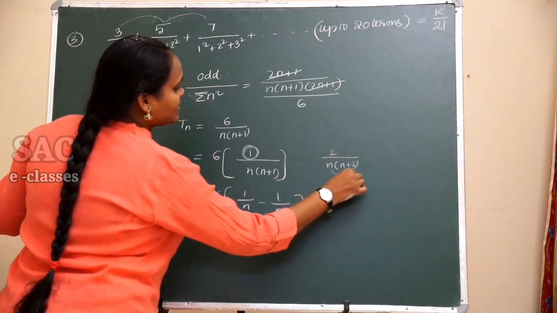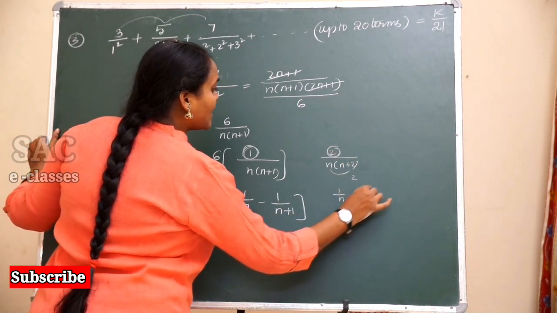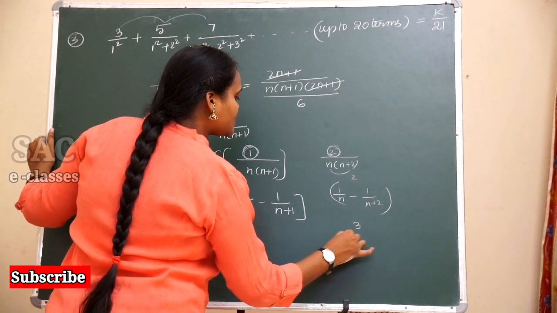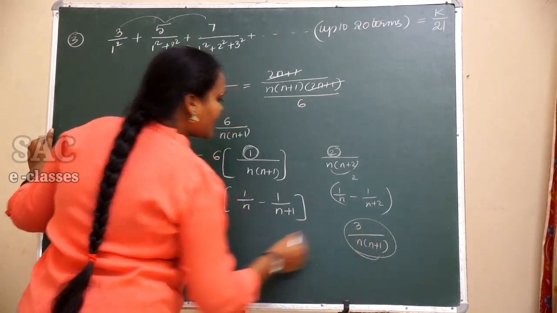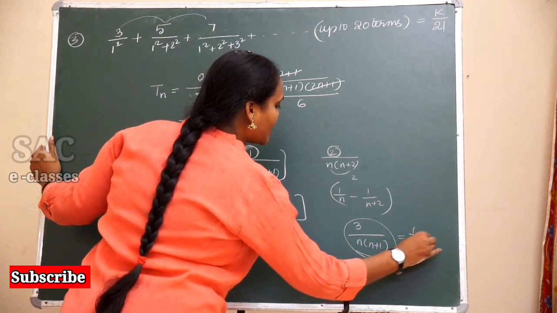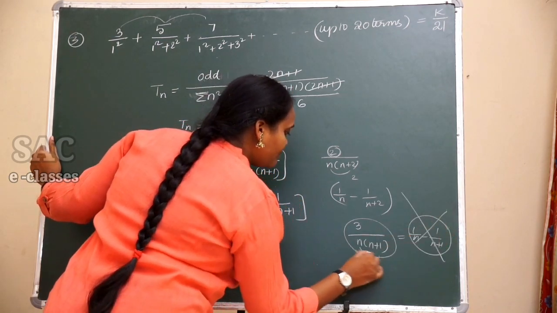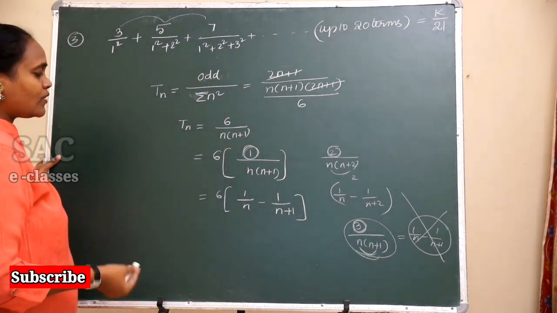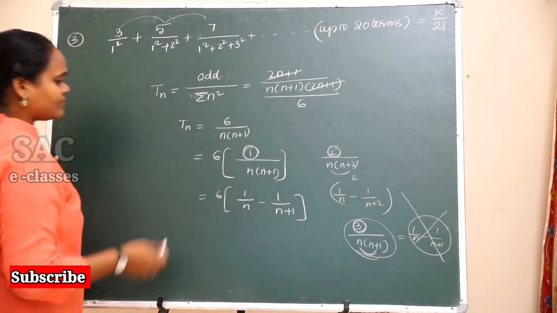Yes, their difference is 2 and the numerator is 2, so you can write 1 by n minus 1 by n plus 2. Maybe if your difference is 3 with n into n plus 1, you can't write it that way. If you write 1 by n minus 1 by n plus 1 then, it will be wrong. The difference should be equal to the numerator. So I got the logic: 1 by n minus 1 by n plus 1.